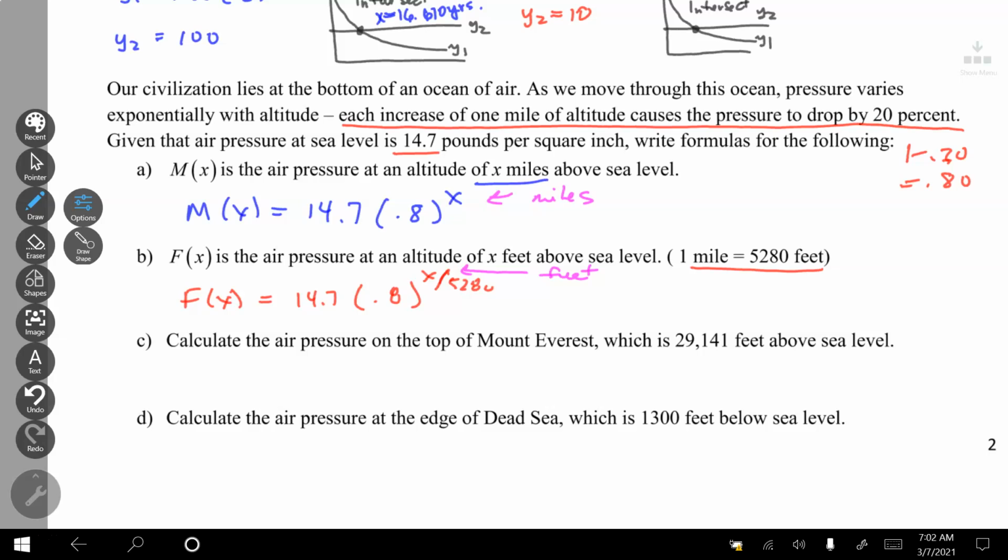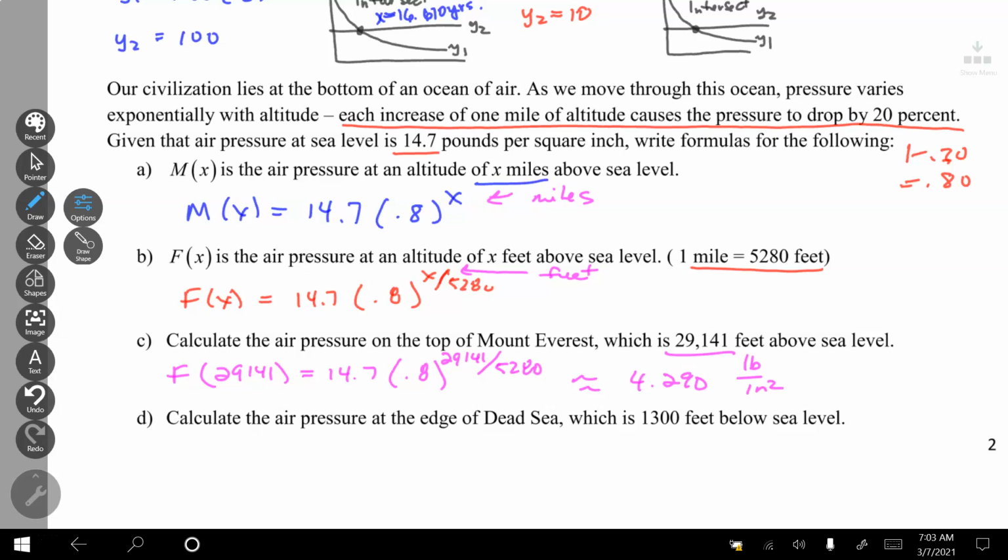So if you wanted to go to Everest, Everest is pretty high up there, 29,141, 14.7 times 0.8 to the 29,141 over 5280, and we get that Everest is about 4.290 pounds per square inch pressure.